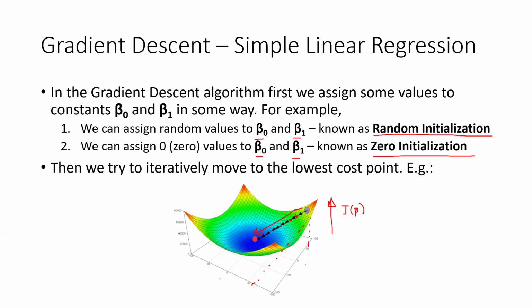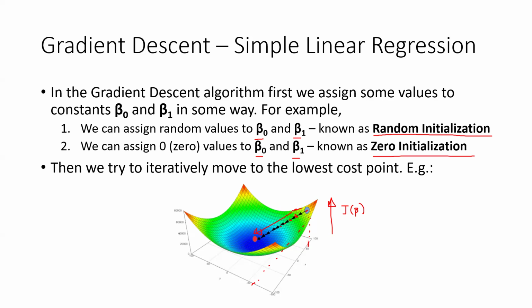So we don't know the exact formula of this curve, and we don't know how exactly we can move to the optimum point. If you know that point, then we can simply get there, but because that is not practical, we have to move step by step.